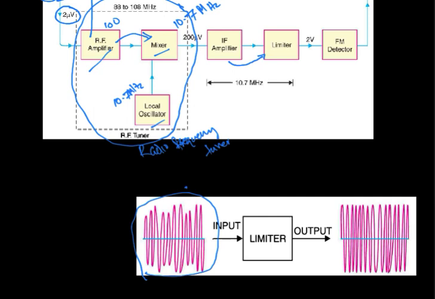They have to be eliminated. So the limiter circuit eliminates the amplitude modulations in the radio waves received by the receiver, and it provides an output radio wave with a constant amplitude. So all the amplitude modulated interference is eliminated by this limiter circuit.